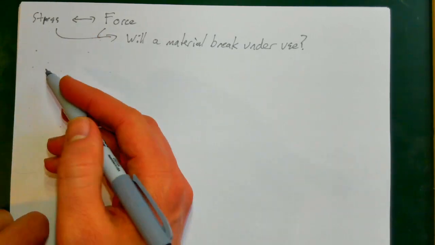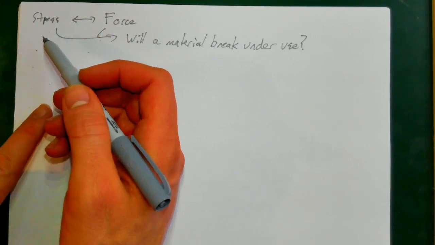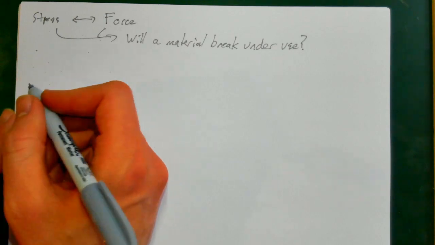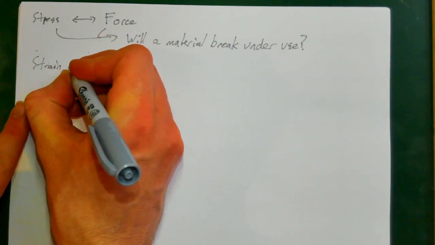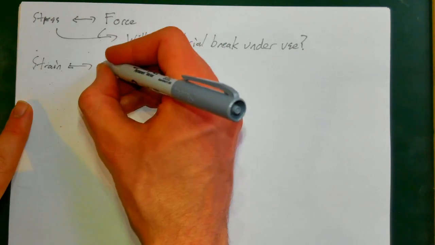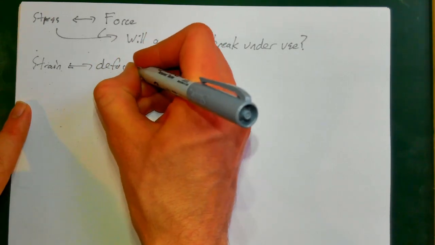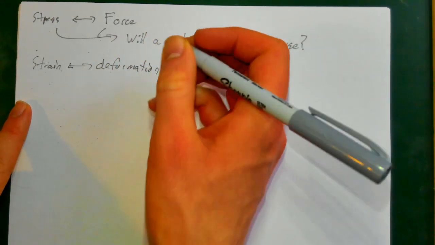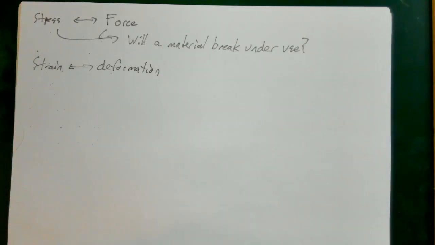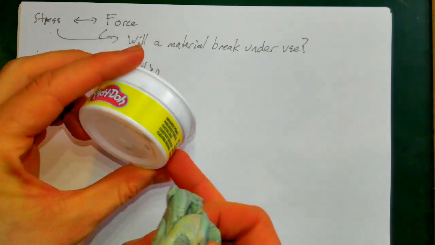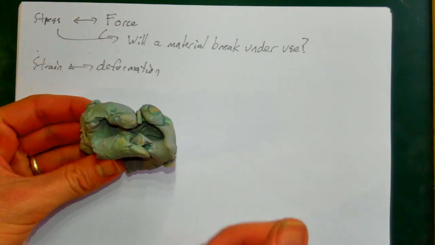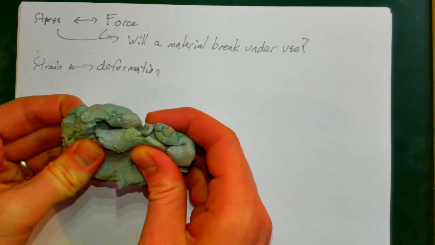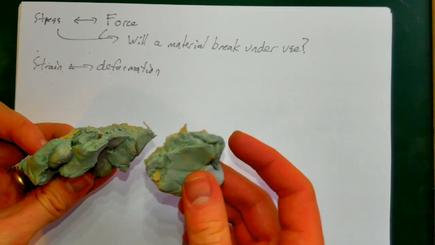The second thing that we want to analyze when we're thinking about stress and strain is strain, which is essentially related to deformation. For example, if we have some biomaterial, maybe it's Play-Doh, maybe not, and we apply stress to it, that material deforms.